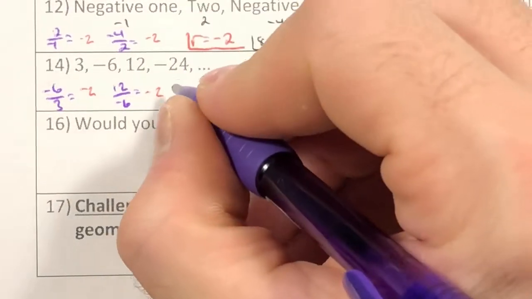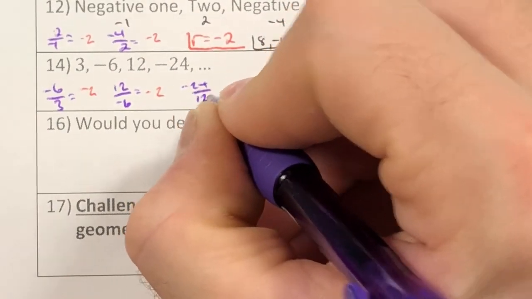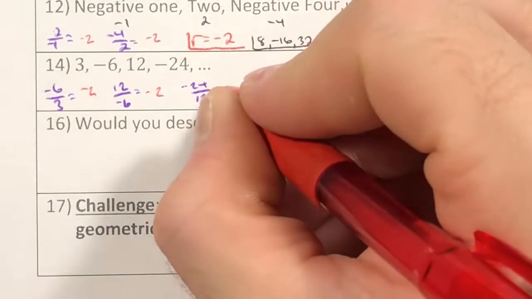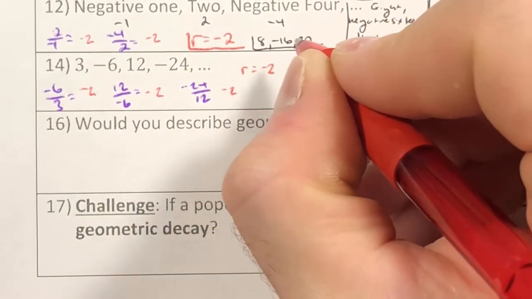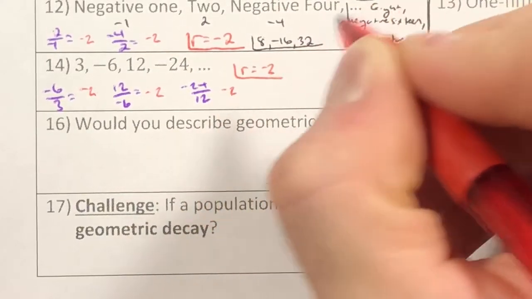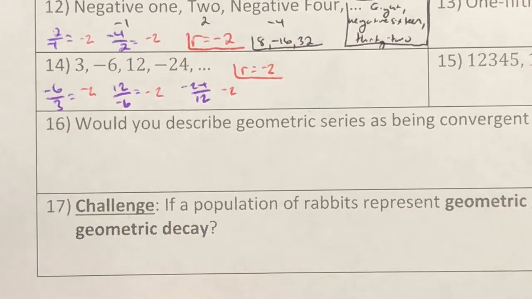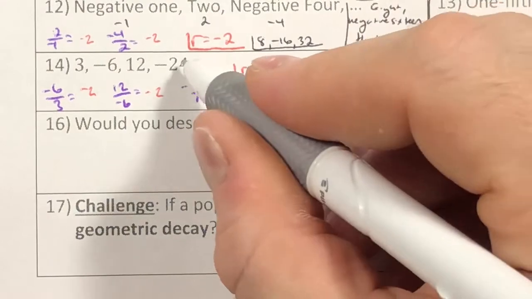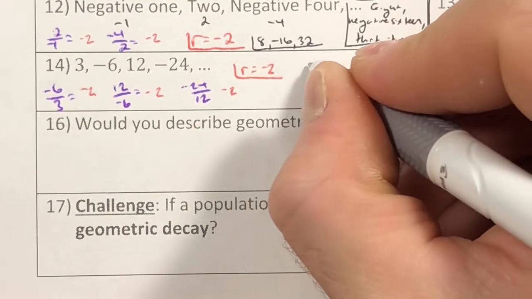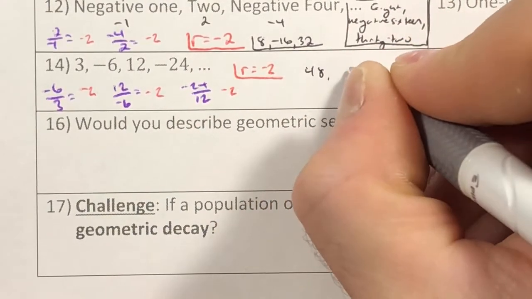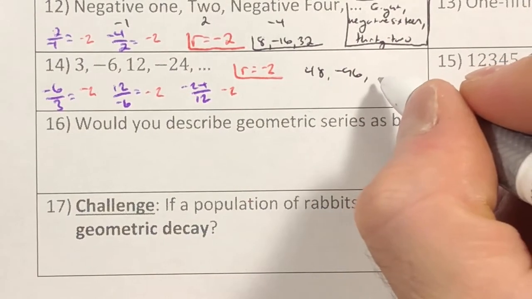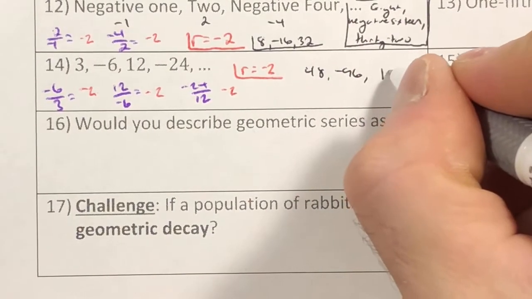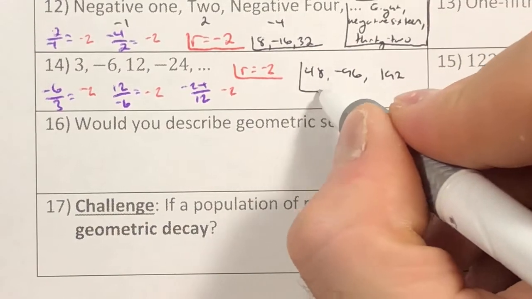Again, -2. So I know my rate right here is, again, a -2. Okay. So that means my next three terms are going to be whatever -24 times -2 is, 48, -96, and then this one is going to be what, 180 plus 12, positive 192.